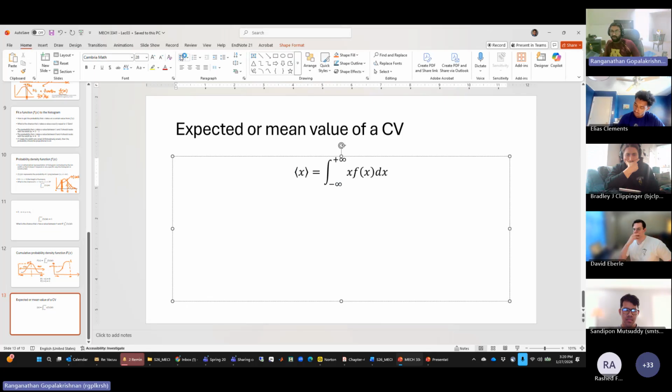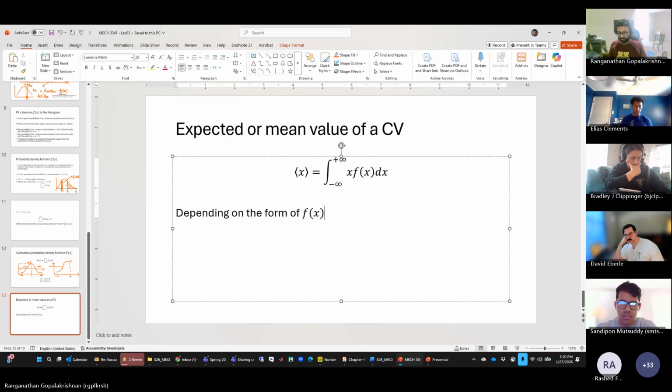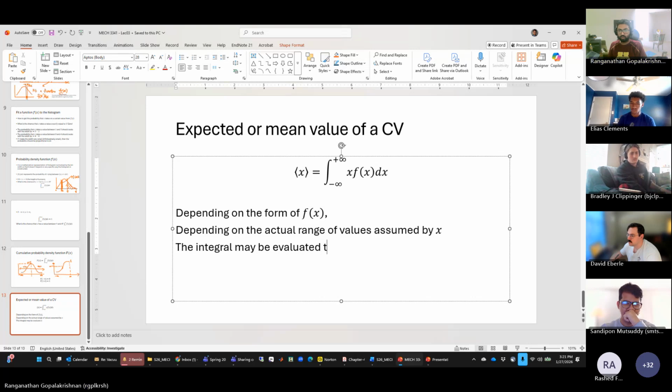So this is the expected or mean value, and depending on the form of f of x, depending on the actual range of values assumed by x, not always will it be between minus infinity to plus infinity, the integral may be evaluated to obtain the average or mean value of x.